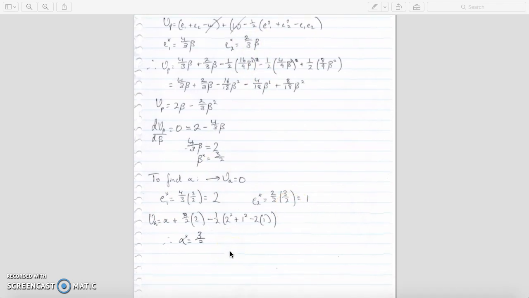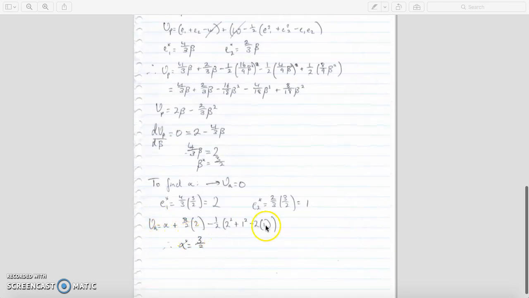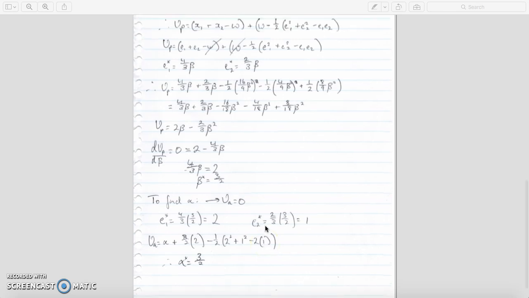And then we are essentially trying to get the level of alpha, which, as I said, makes the agent indifferent. So plugging these into the agent's utility function gives us alpha plus 3 over 2 times 2 minus 1 over 2 times 2 squared plus 1 squared minus 2 times 1.